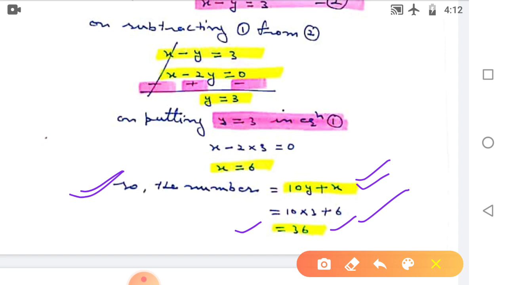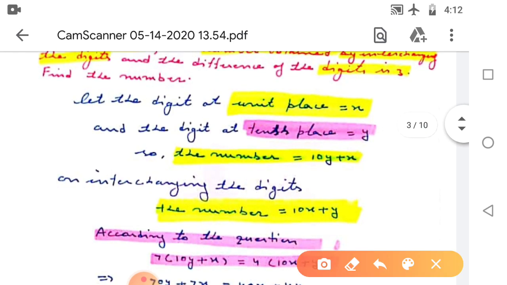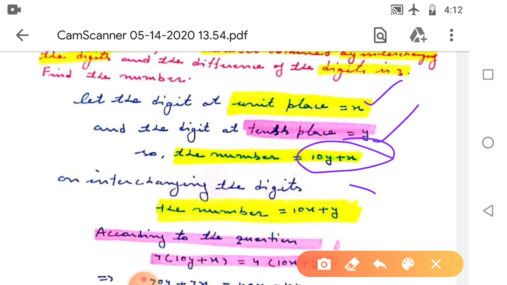To recap: a 2-digit number, let the digit at unit place be x and tens place be y. The number is 10y plus x. On interchanging the digits, the number is 10x plus y.